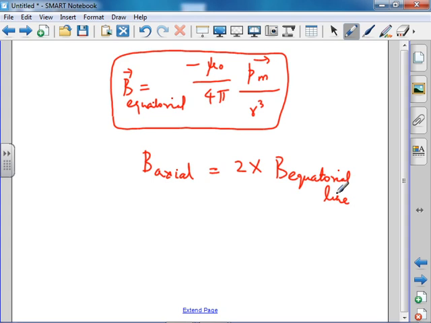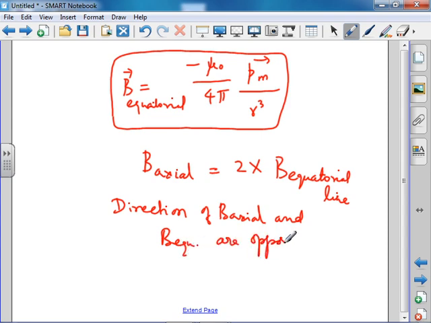But the directions of B axial and B equatorial are opposite, from the negative value. Thank you.